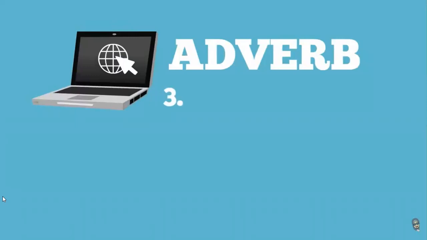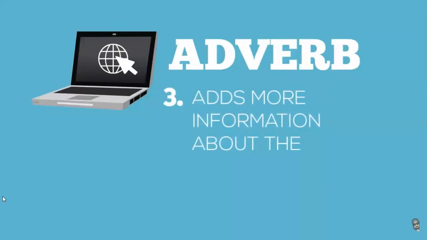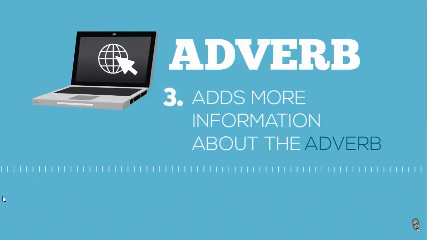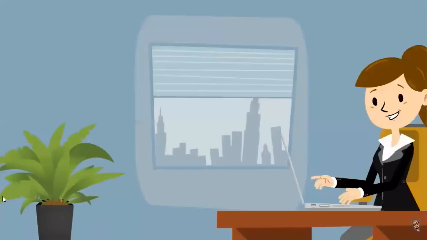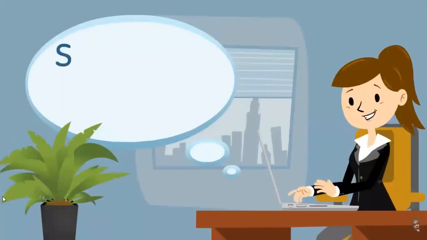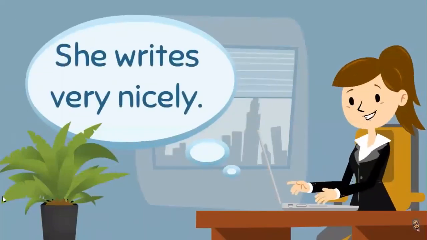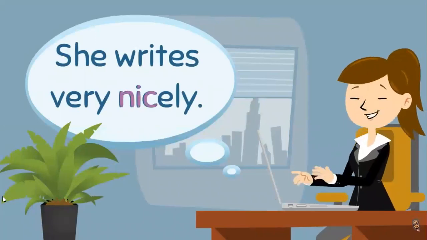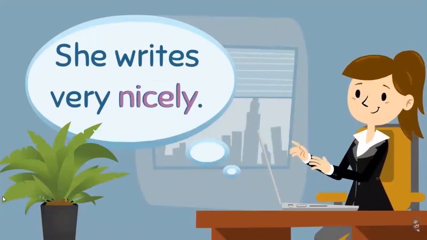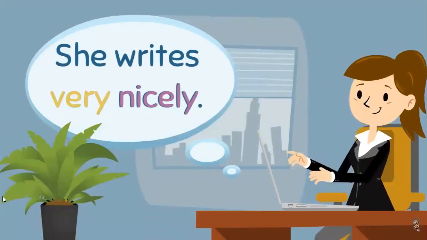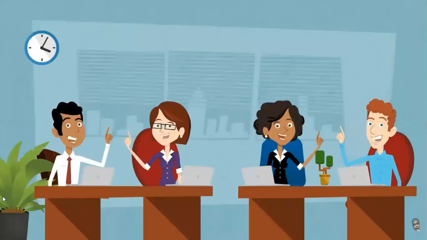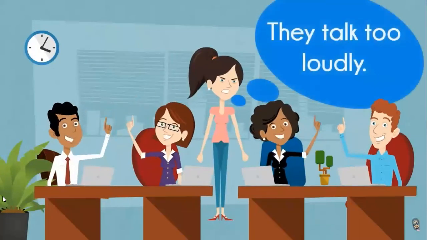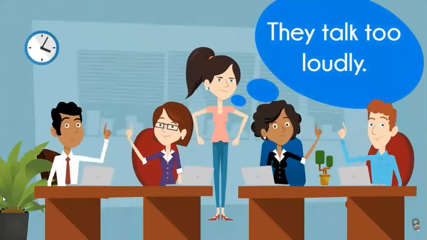Adverb number 3 adds more information about another adverb. To what degree? To what extent? She writes very nicely. Nicely is an adverb. It tells us how she writes. Very is another adverb. It tells us to what degree. They talk too loudly.